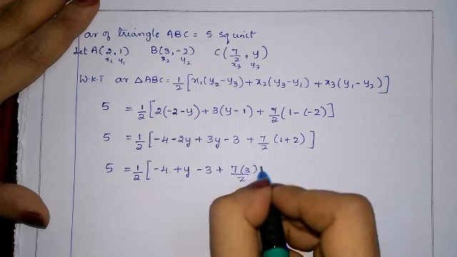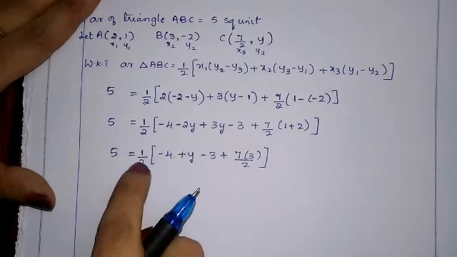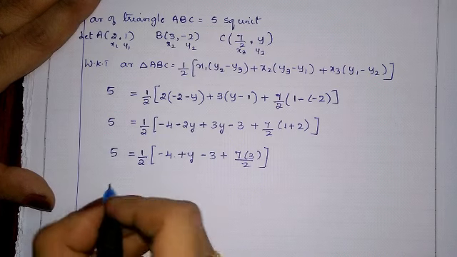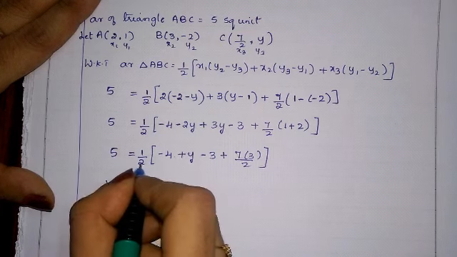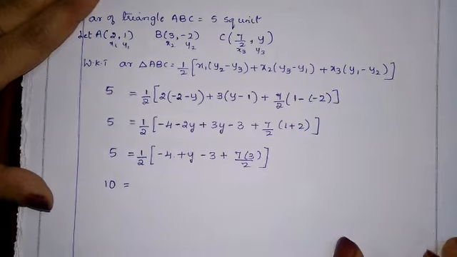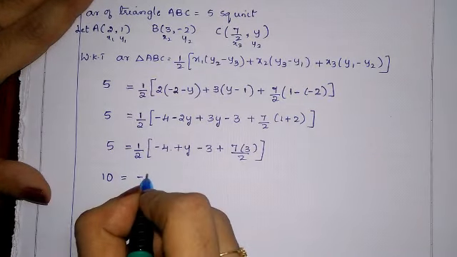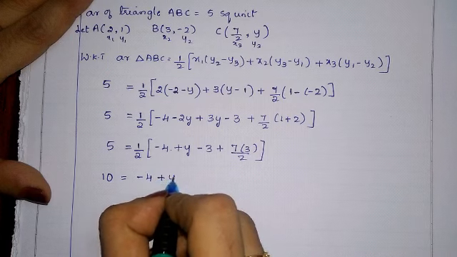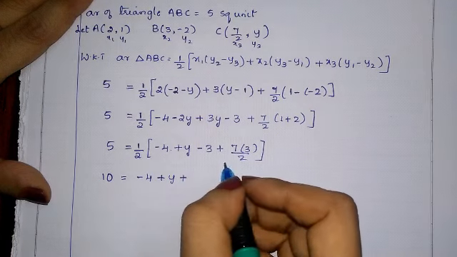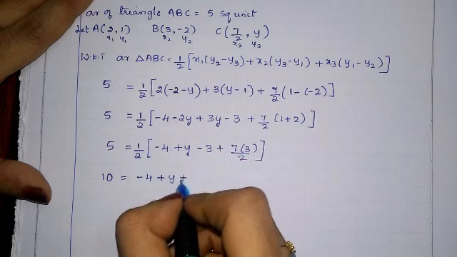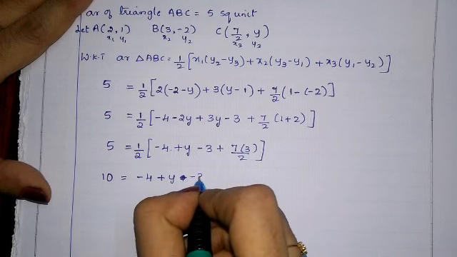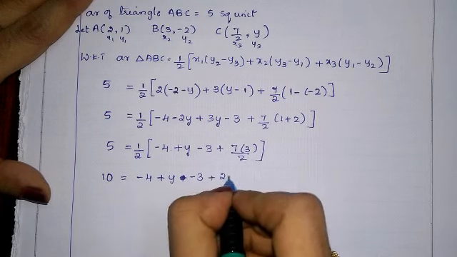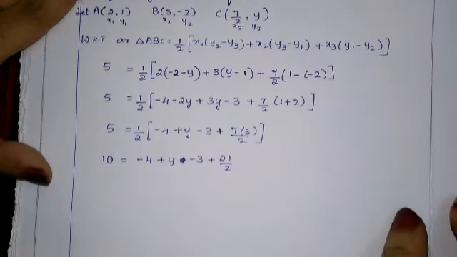Upon 2. Okay, now this 2 we will multiply here. 5 2s are 10, because divide will become multiply. 10 equals minus 4 plus y minus 3, plus 7 3s are 21 by 2.